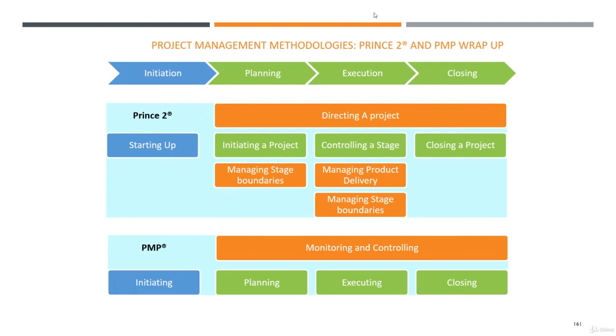And then you go into a planning phase. So you go in planning phase, which is initiating a project in Prince 2 and which is also called the planning in PMP. And what do you do? There's no surprise. You do very precise planning. So obviously you need some type of approval. So Prince 2 would call that directing a project. PMP would be under monitoring and controlling.